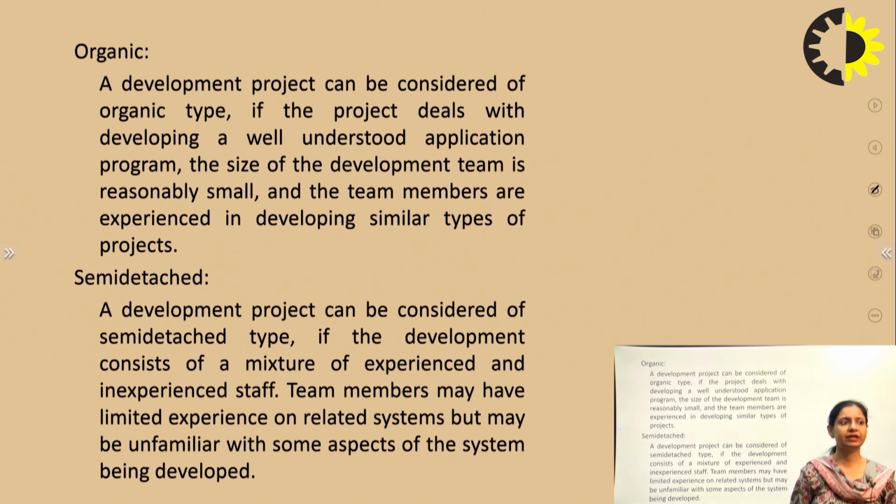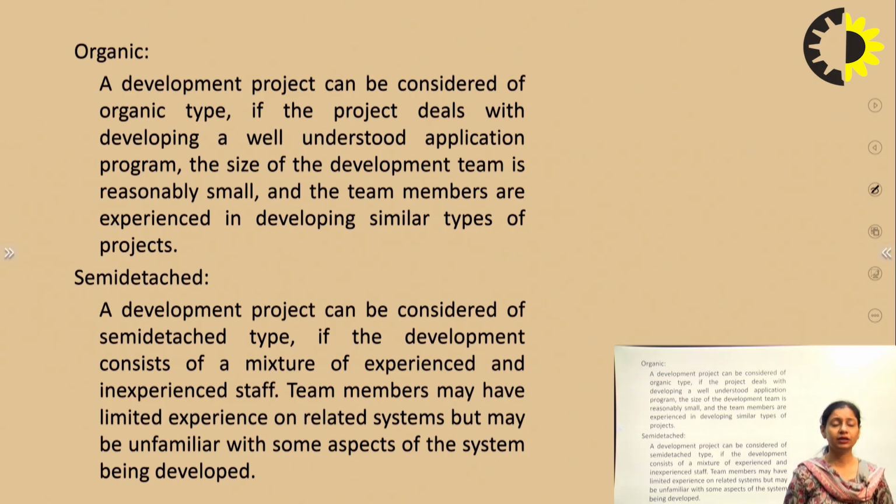The next one that we have is semi-detached. In the semi-detached type, if the development consists of a mixture of experienced and inexperienced staff, then the team members may have limited experience on related systems but may be unfamiliar with some aspects of the system being developed.